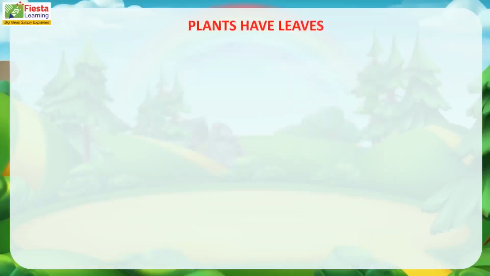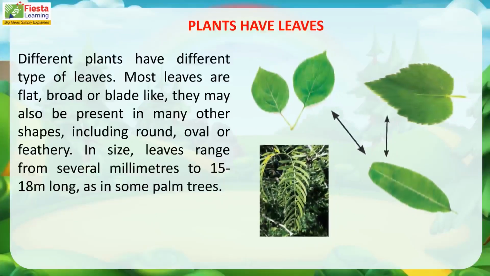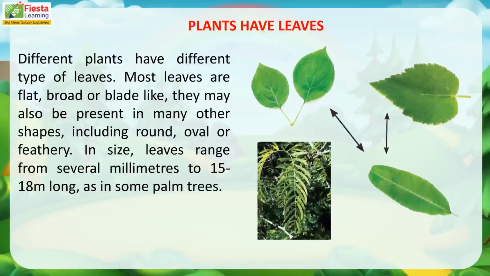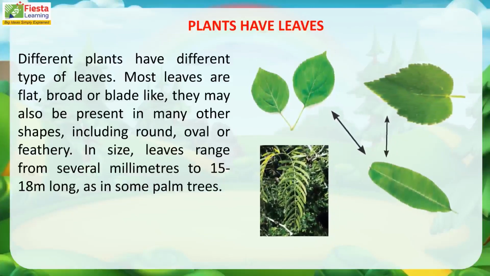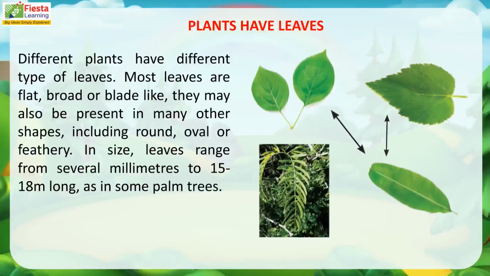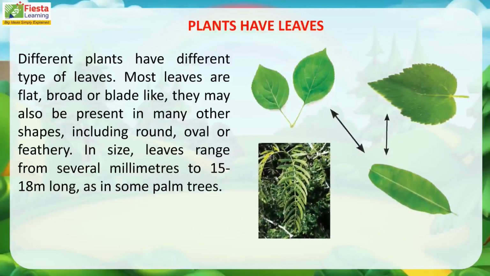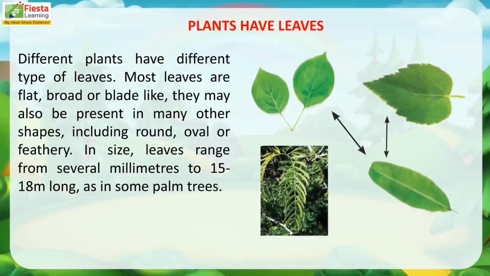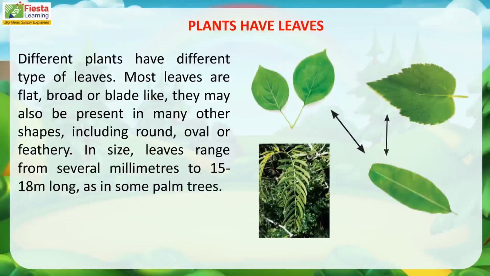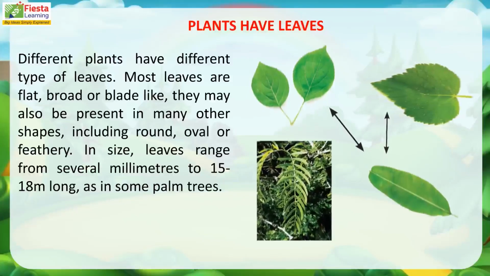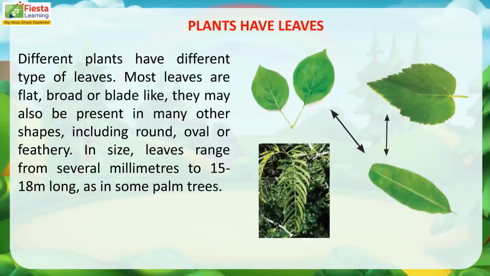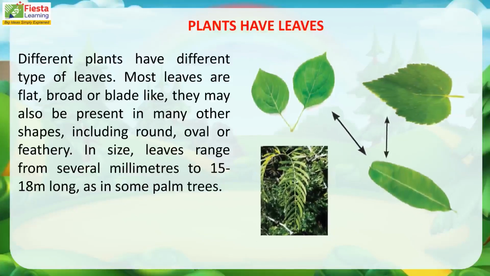Plants have leaves. Different plants have different types of leaves. Most leaves are flat, broad, or blade-like. They may also be present in many other shapes, including round, oval, or feathery. In size, leaves range from several millimeters to 15 to 18 meters long, as in some palm trees.